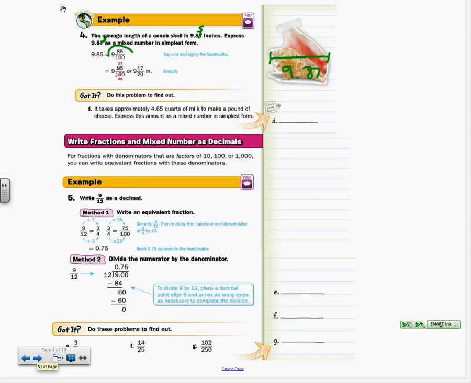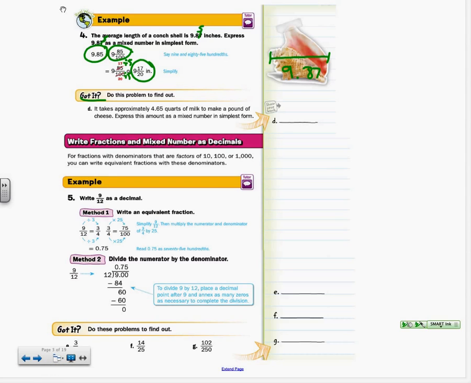So 9 and 85 hundredths looks like that as a fraction. I can simplify by dividing 85 by 5 and 100 by 5, and that's how they got 17/20. So 9 and 17/20 is the same as 9 and 85 hundredths. Got it? Do this problem to find out. You can pause the tape, and I will get us into the next lesson. Join me when you're ready.